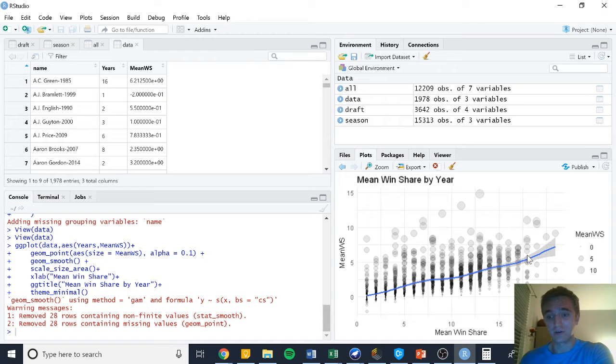The surprising thing, though, is that even when they get to this 20-year mark, when they're maybe 40 years old, they're still averaging a lot of win shares, even more than their previous seasons. They're not declining at all. But a lot of what this trend is showing is that the bad players just stop playing at a certain point. Around this year 20 mark, there are 10 players or so still playing after 20 years in the NBA.